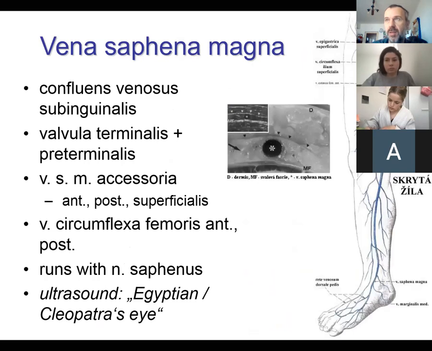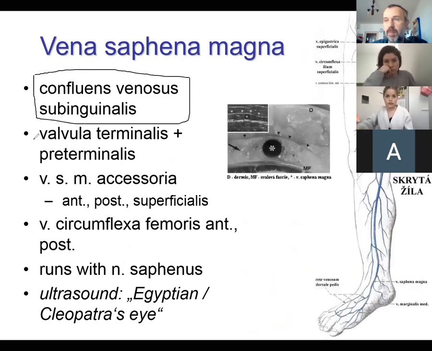Okay. So the great saphenous vein. Here, I hope you all understand what the subinguinal venous confluence is. Is it new for someone, or do you understand it well? Okay, you understand it. In clinics, it's called the cross. Please remember this clinical term because it's shorter.